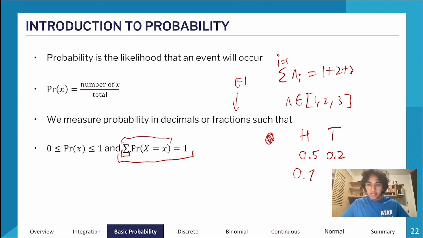If I flip a coin, I'm only going to get heads or tails, right? It's so unlikely that it lands on the ridged part of the coin, so for simplicity, it's always going to be heads or tails. So it doesn't make sense that heads or tails only occurs 70% of the time, which is why this needs to also be 0.5. All right, hopefully that makes sense. So the probability of all events needs to sum to 1.